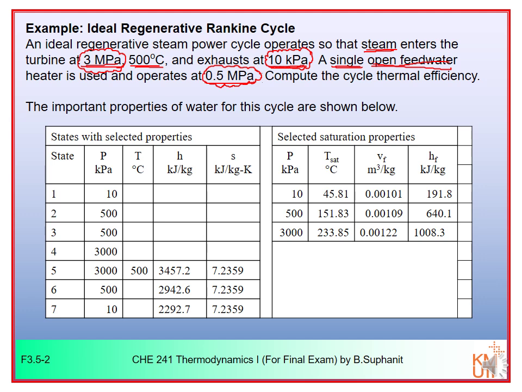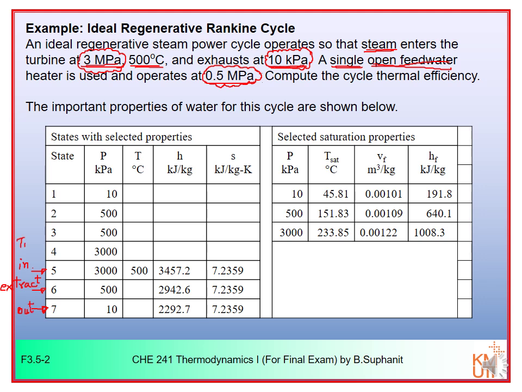Now in this example, some information is already provided. You can see that we have information at point number 5, number 6, and number 7, which is related to the turbine condition. Number 5 would be at the inlet, number 6 would be at the extracted point, and number 7 would be at the turbine outlet.